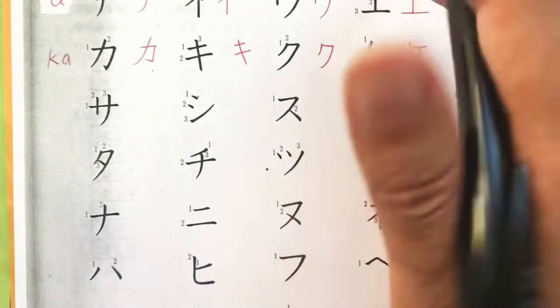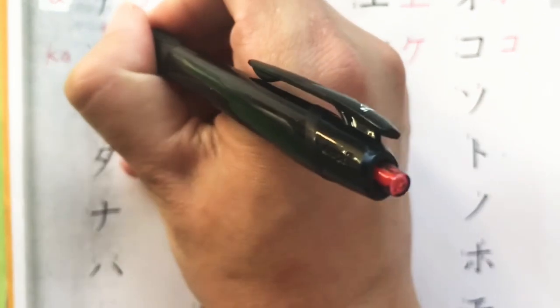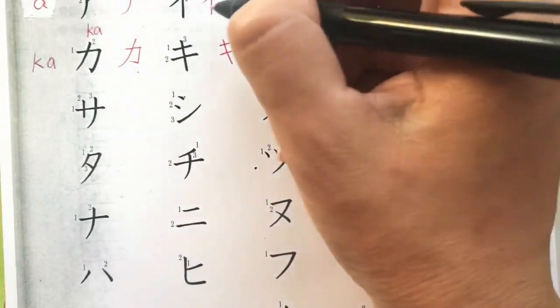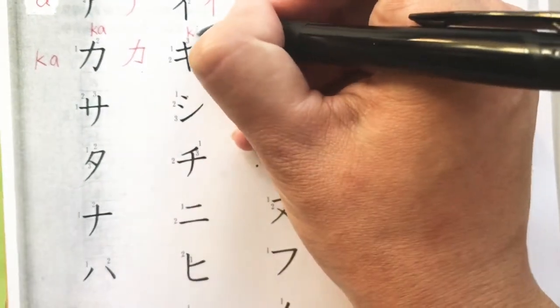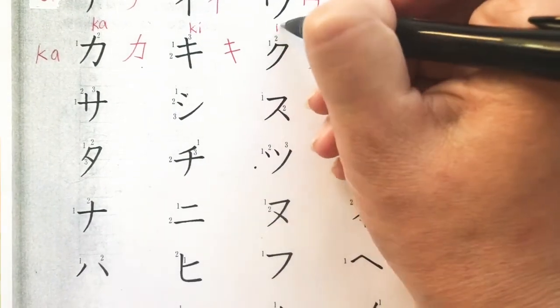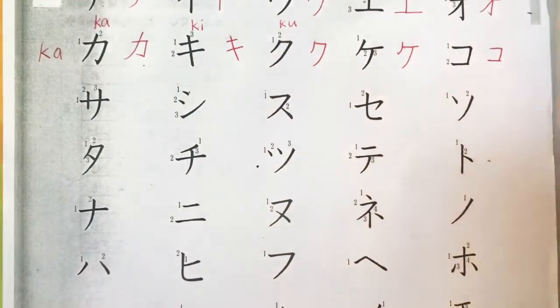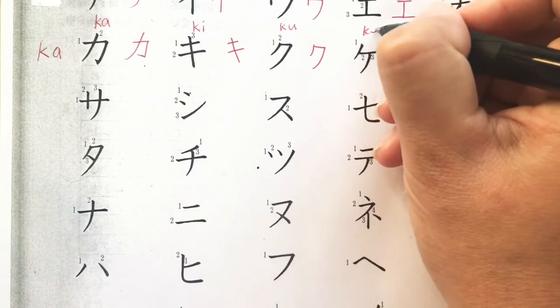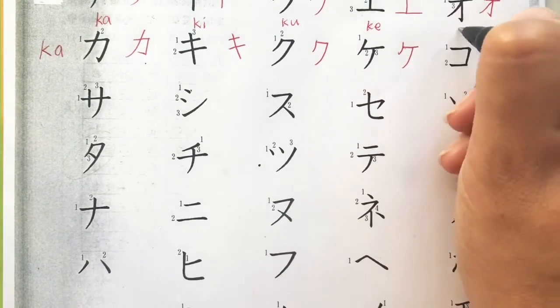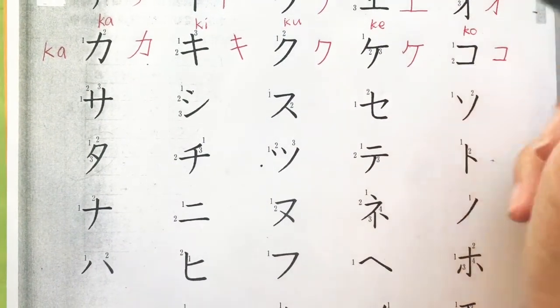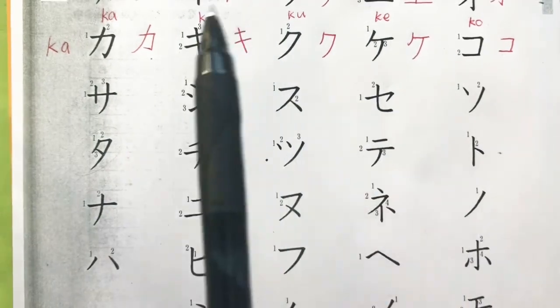This is the ka line. Ka, ki, ku, ke, ko. Okay, one more time.